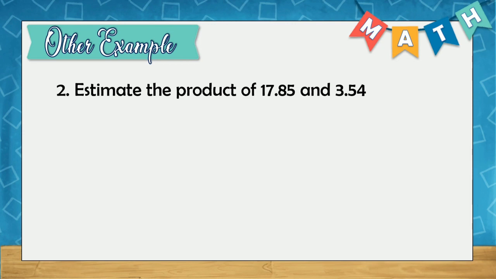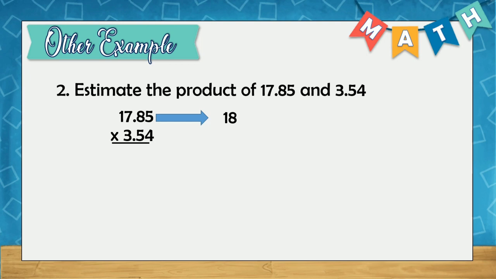Estimate the product of 17 and 85 hundredths and 3 and 54 hundredths. So what we are going to do first is to round off the numbers into its greatest value. So 17 and 85 hundredths. Is this number closer to 17 or 18?